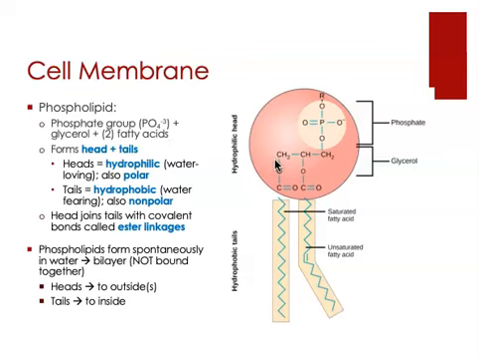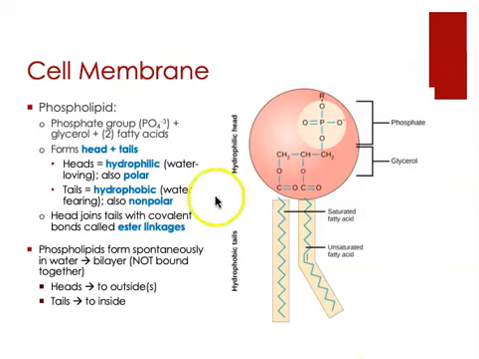And if you remember from your chemistry classes, covalent bonds are strong, right? They hold molecules together. All of these bonds down here in the fatty acids, all of these bonds up here holding the glycerol together, everything holding the phosphate group together, these are all covalent bonds. So an ester linkage is just a special type of covalent bond. It's what joins fatty acids to a glycerol molecule.